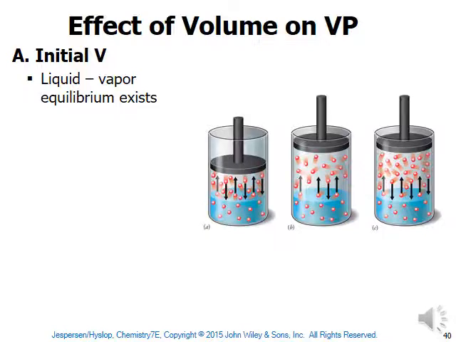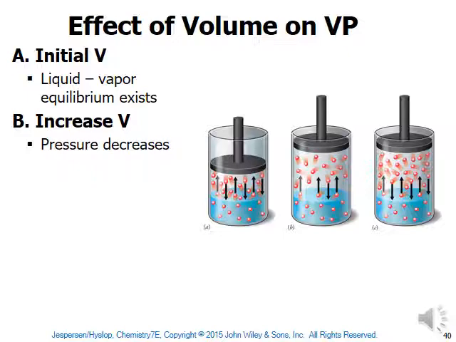Now, if you increase the volume, there are fewer gas particles pushing down on the top of the liquid, and therefore those particles can escape. The top layer of the liquid is held together by intermolecular forces, and also the temperature, but also by the pressure pushing down from the vapor pressure.